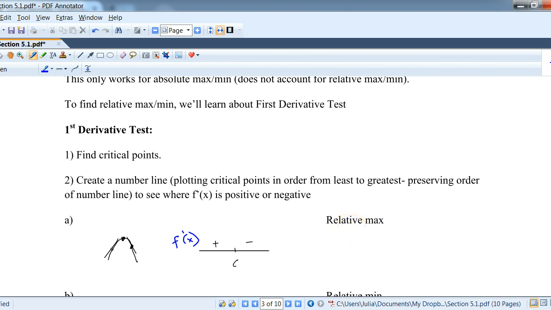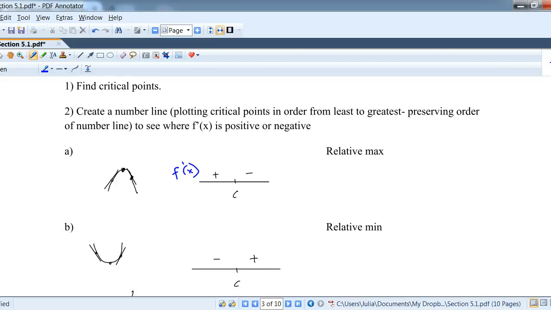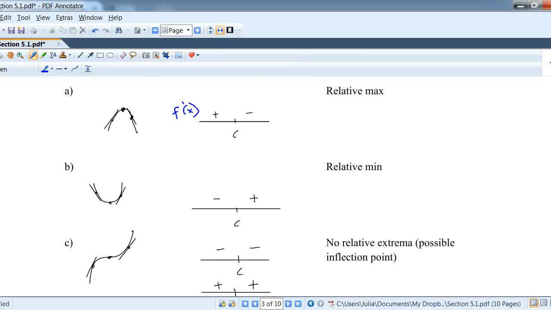So this test essentially tells us about relative max or min. To find the absolute max or min, we need the actual y values. Similarly, we have a relative min if the function is decreasing and it switches from negative to positive. So it's decreasing, reaches a minimum, starts increasing. So it has to switch sign in a particular order.